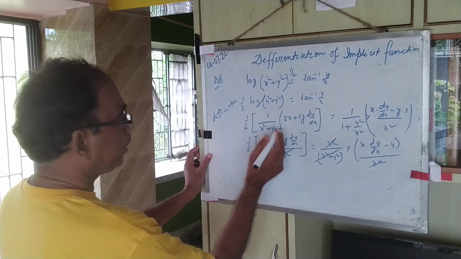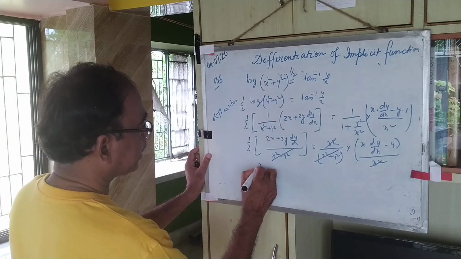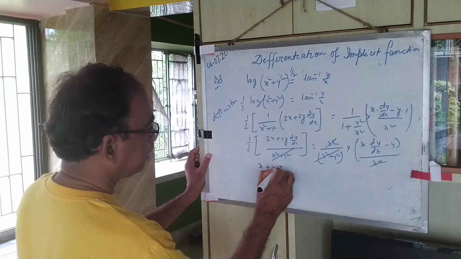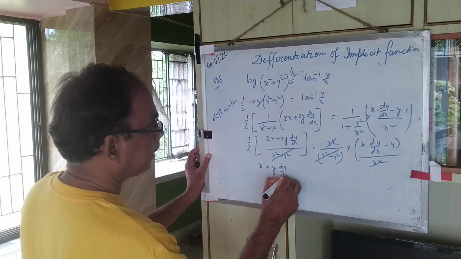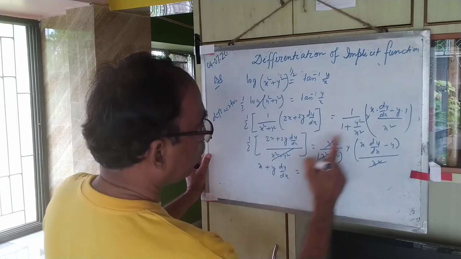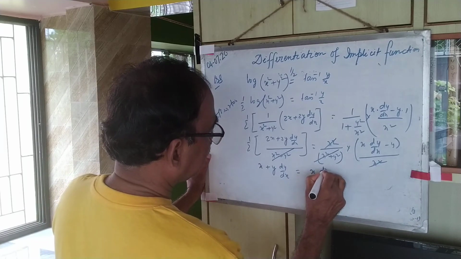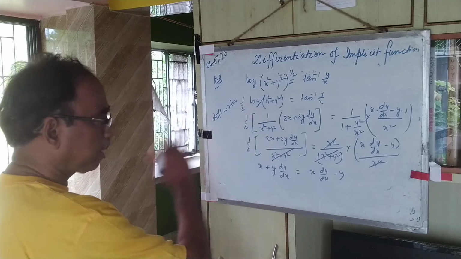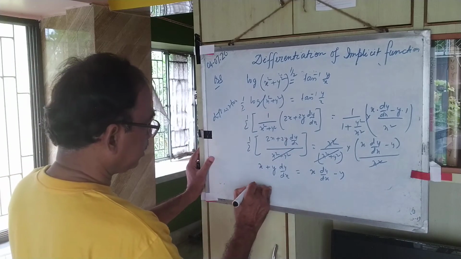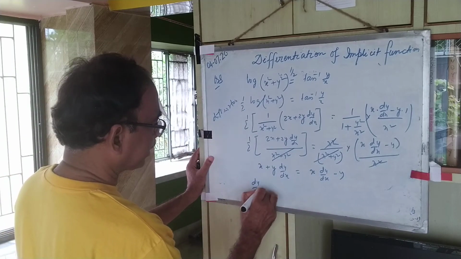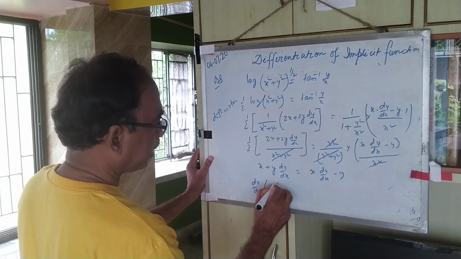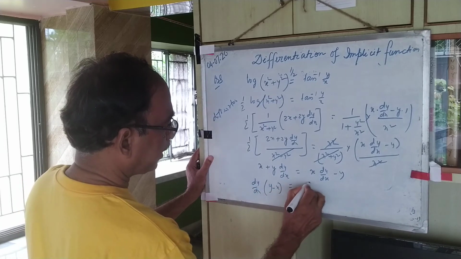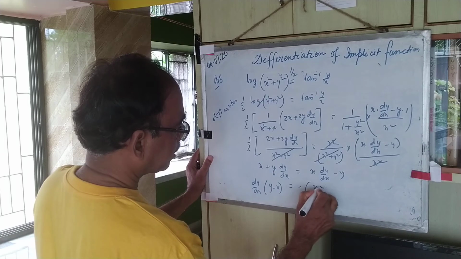Then 2 is common here: x plus y dy by dx equals x dy by dx minus y. Now derivative comes to the left hand side: dy by dx into y minus x equals minus common x plus y.